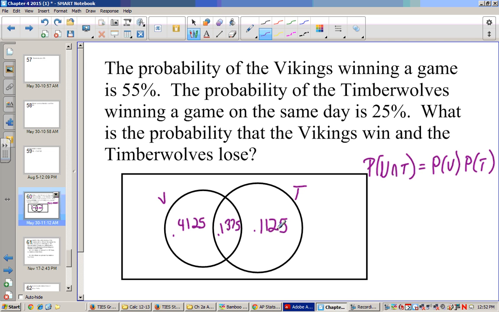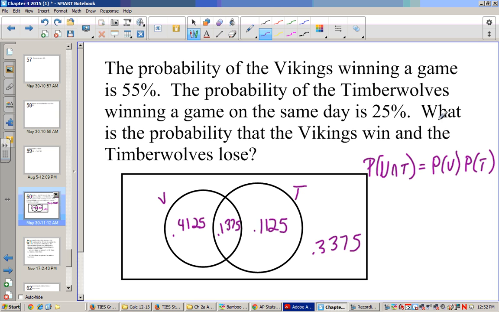Now to get the outside of this, let's find the probability that both of them lose. We add up everything in here, and I get 0.6625, and now I subtract that from 1. So on the outside is 0.3375.